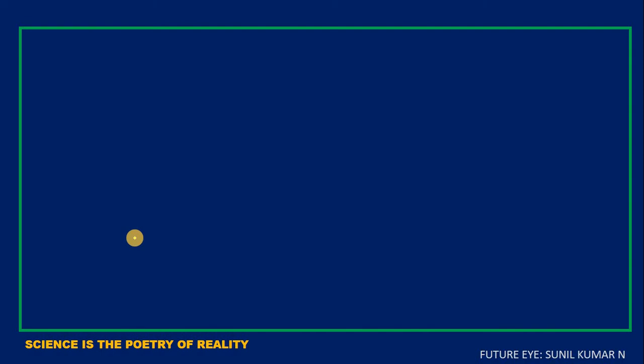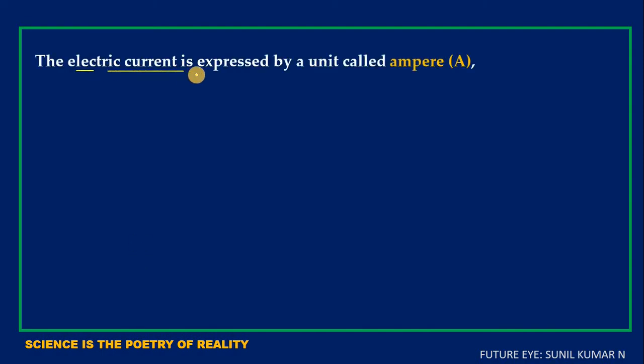Next, let us know some more information about electric current. The electric current is expressed by a unit called ampere. This is also very important, children. As charge has the SI unit coulomb, similarly the SI unit of current is ampere.